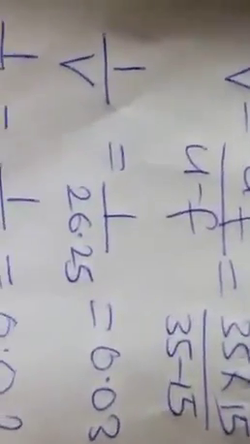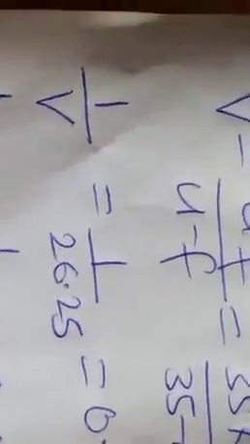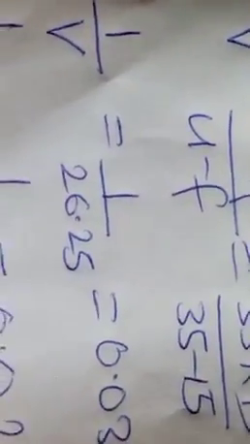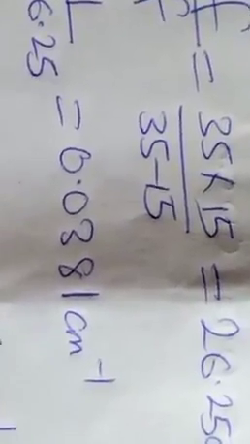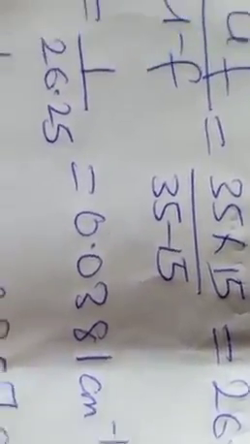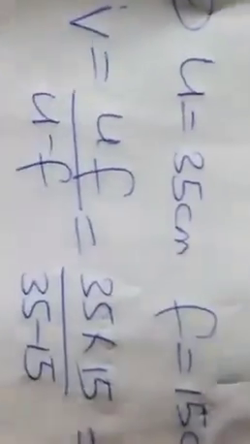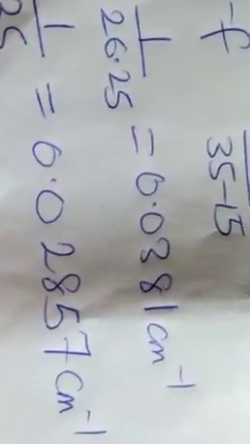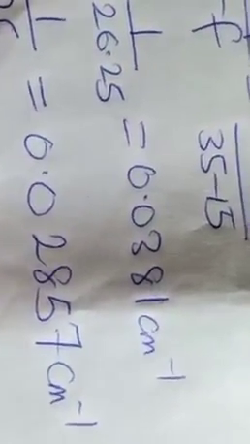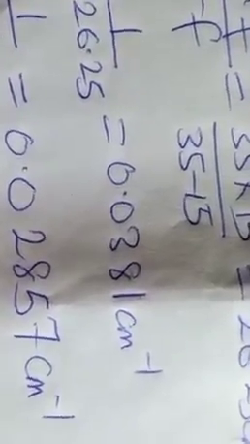To get our V inverse, since V is 26.25, V inverse means 1 over V, that is 1 over 26.25, and that gives us 0.0381 per cm. To get our U inverse, remember that our U is 35 cm. So our U inverse is 1 over 35, and that gives us 0.02857 per centimeter.